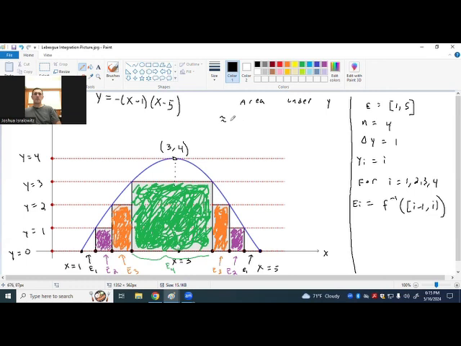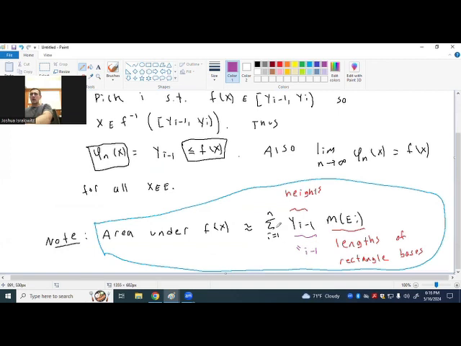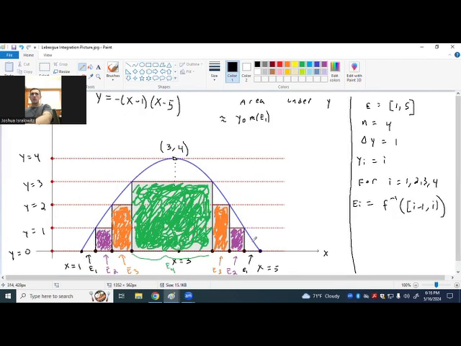So it's approximately, what I'm doing is simply writing out this sum, i equals 1 to 4, but with the colors corresponding to the areas here.